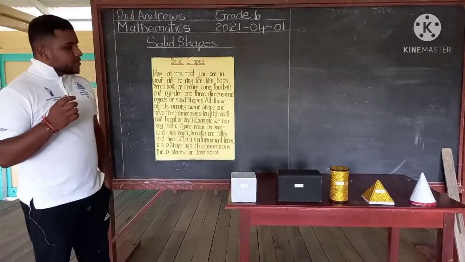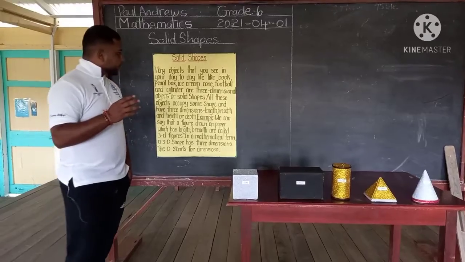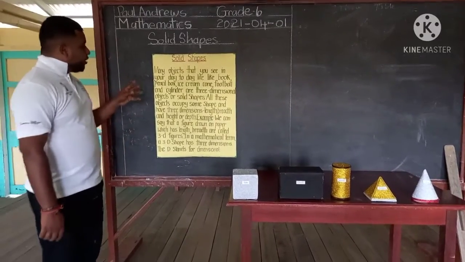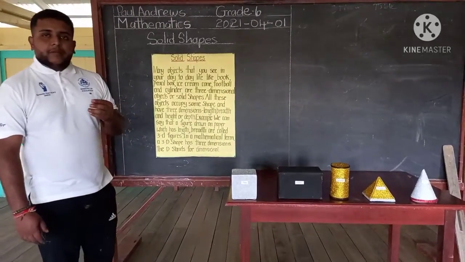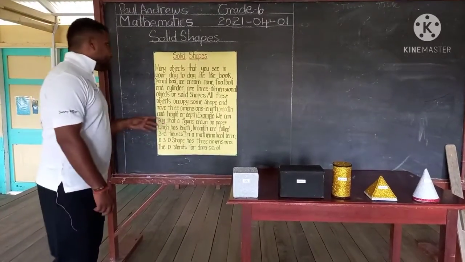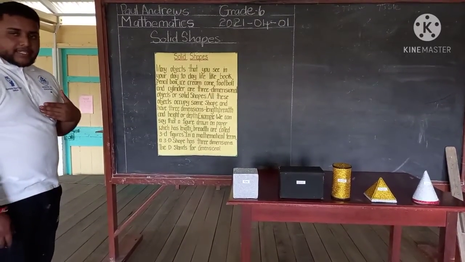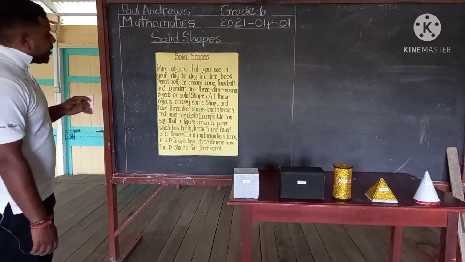Before we identify our solid shapes, we're going to read what's on the board to get a better understanding of the topic we're doing. So we're going to read together, so you're going to follow my lead. Right? Good.